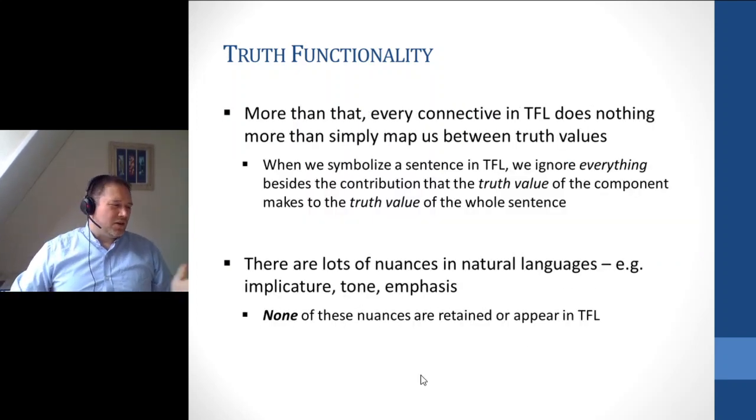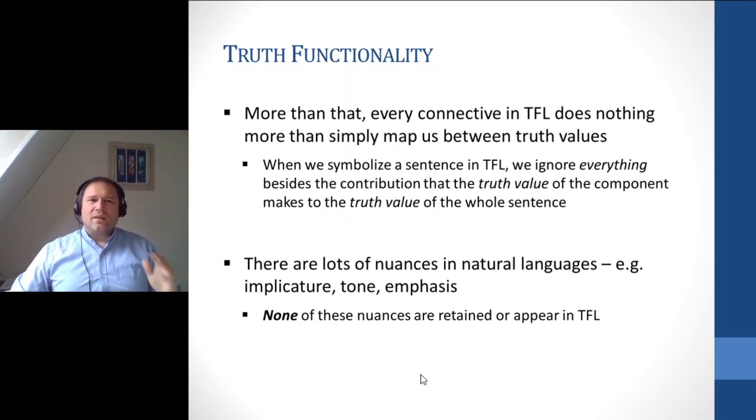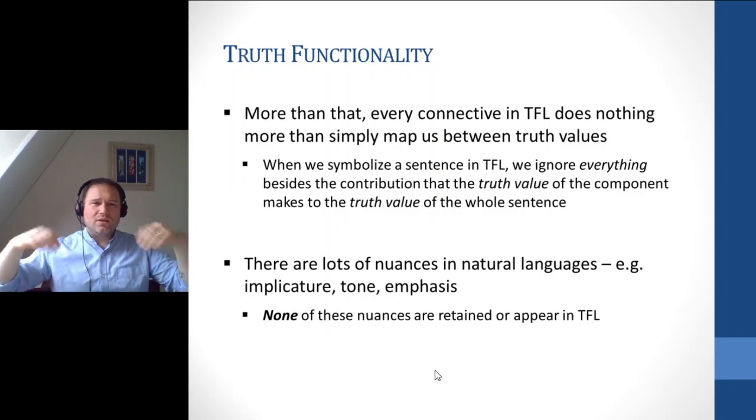And in fact, we can push this idea even further. It's not just that every connective in TFL is truth functional, it's that really that's all it is. So every connective in TFL does nothing more than map us between truth values. That is, when we symbolize a sentence in TFL, we're ignoring everything besides the contribution the truth value of component parts makes to the truth value of the whole sentence.